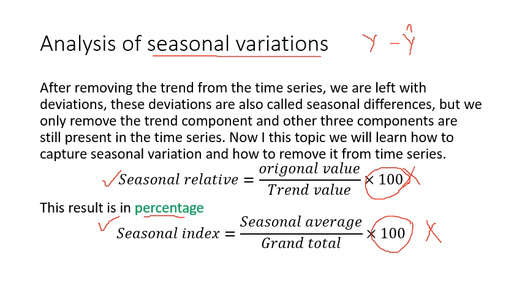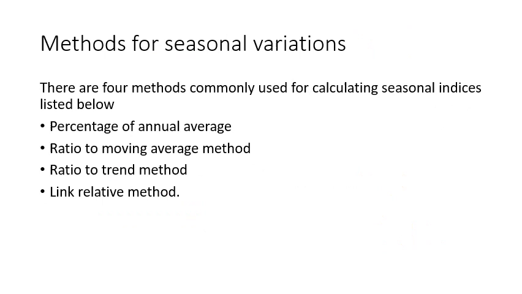Now going to our next slide. There are four commonly used methods for calculating the seasonal indices. Number one is the percentage of annual average method. Second is ratio to moving average. You already know how to calculate moving average, so this method will be simple, not difficult.